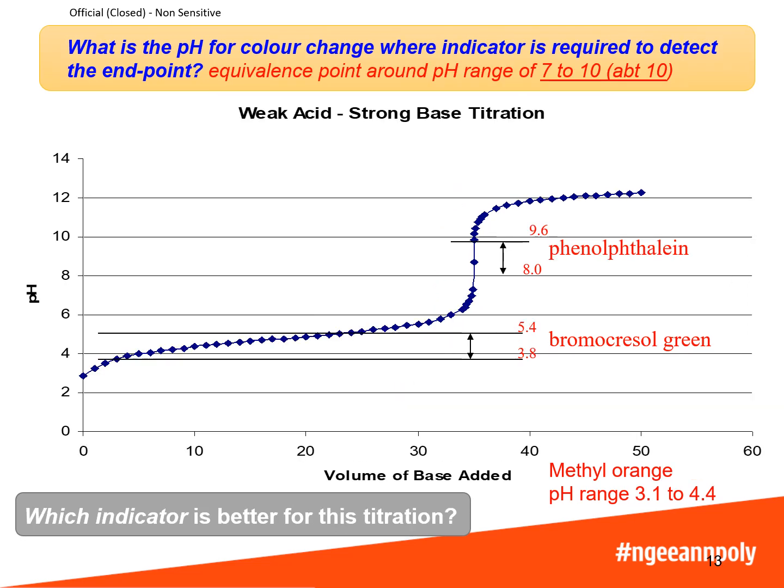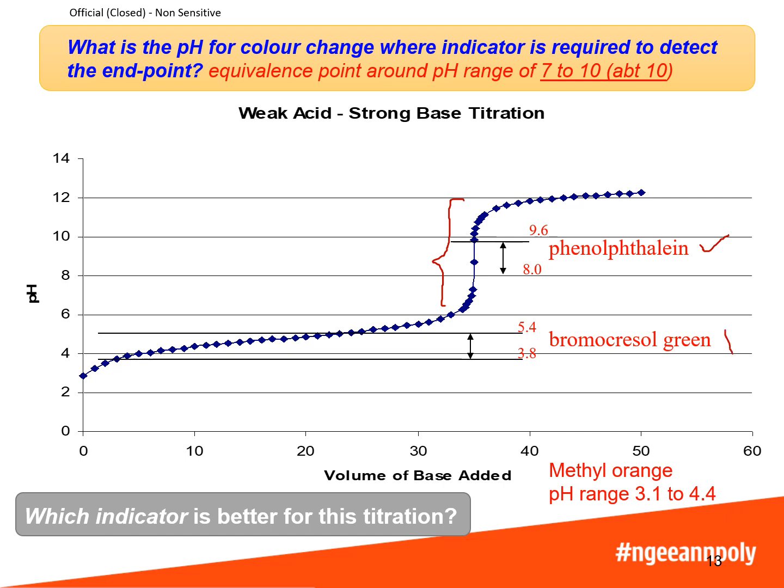Next, let's look at the titration of a weak acid with a strong base. At equivalence point, the pH changes from around pH range of 7 to 10. Let's take a look at the three pH indicators and the pH range for their color change. The pH range for phenolphthalein to change color is within 7 to 10, so it is a suitable indicator.